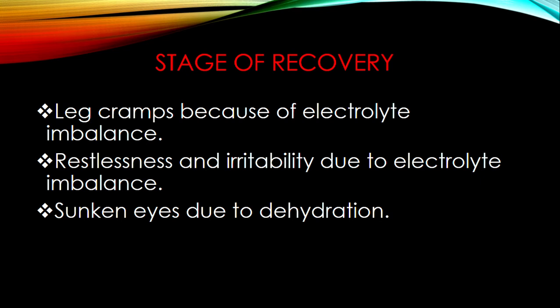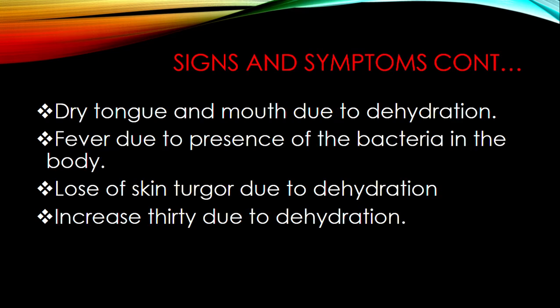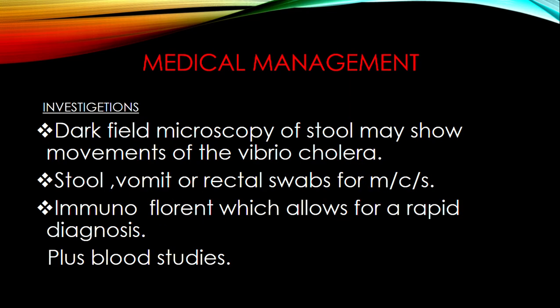Then there's restlessness and irritability, which is due to electrolyte imbalance. And also we have sunken eyes due to dehydration. Then we also have dry tongue and mouth due to dehydration. We also have fever due to the presence of the bacteria in the body. Then we have loss of skin turgor due to dehydration, and so we also have increased thirst due to dehydration.